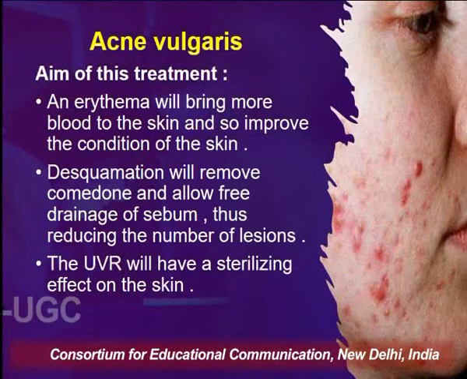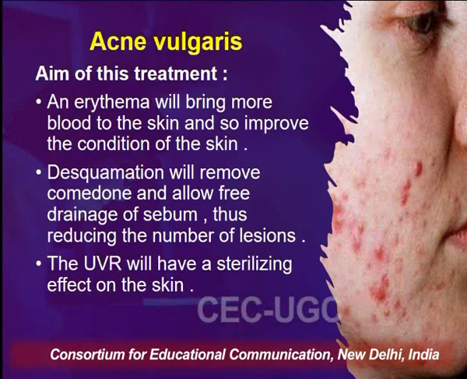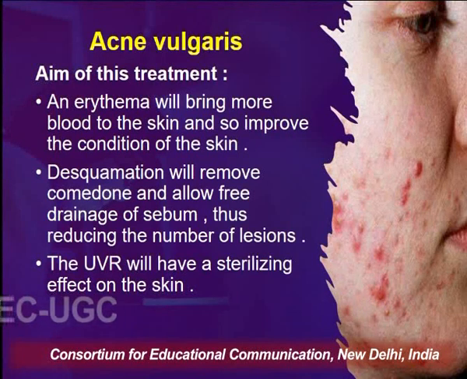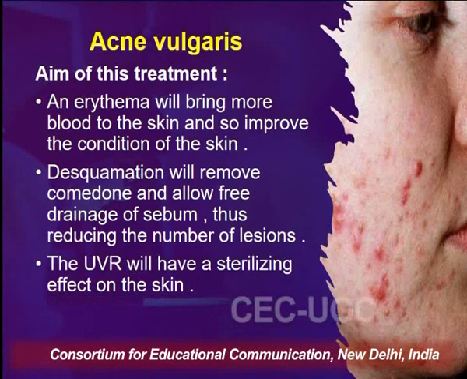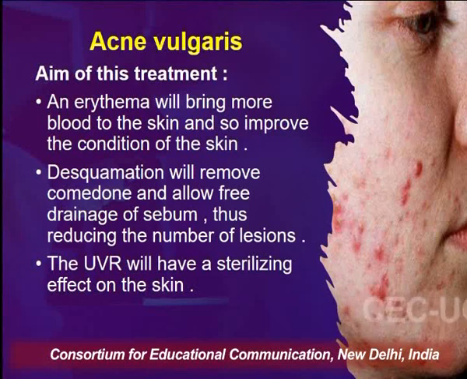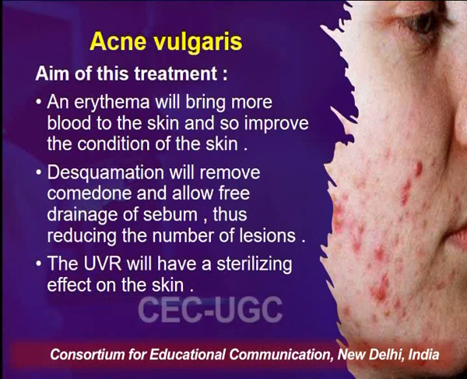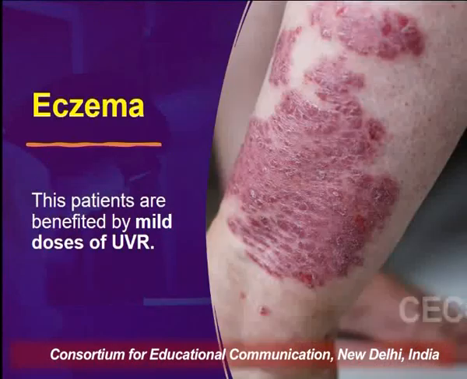The aim of the treatment is that erythema will bring more blood to the skin and so improve the condition of the skin. Desquamation will remove the comedones and allow free drainage of the sebum, thus reducing the number of lesions. The UVR will have a sterilizing effect on the skin.